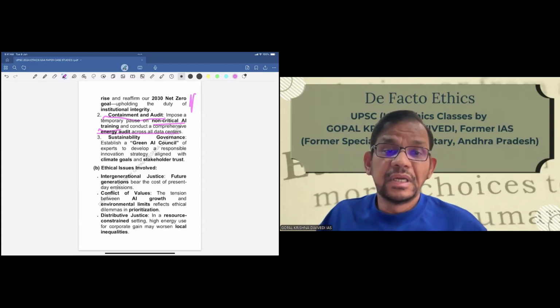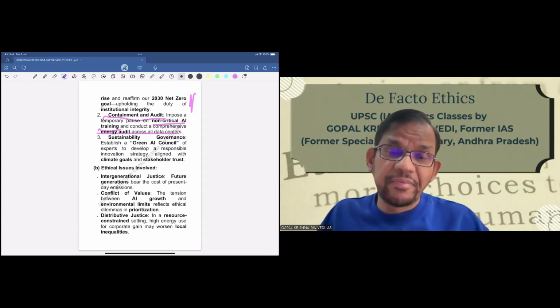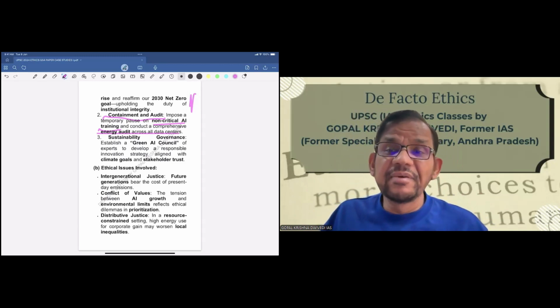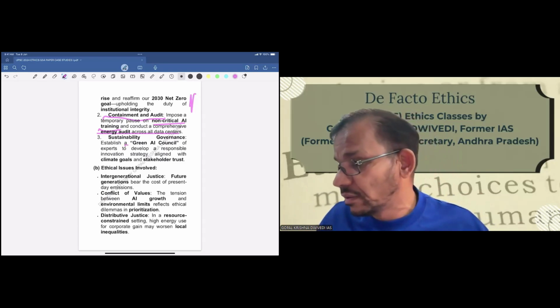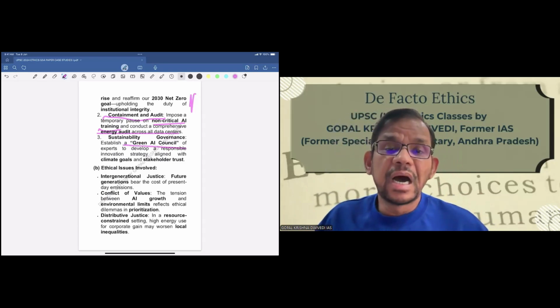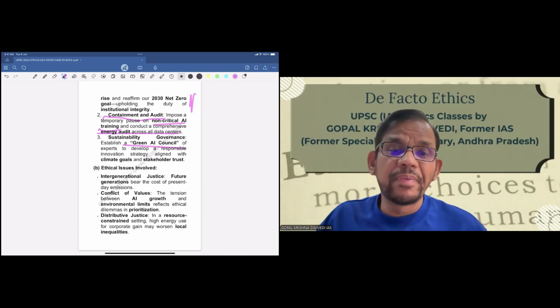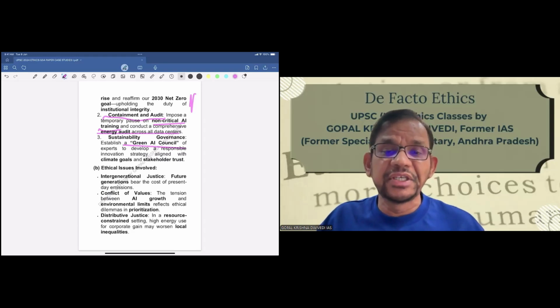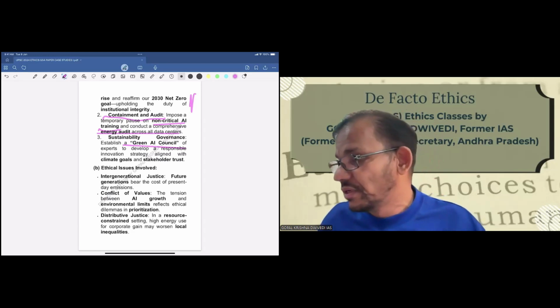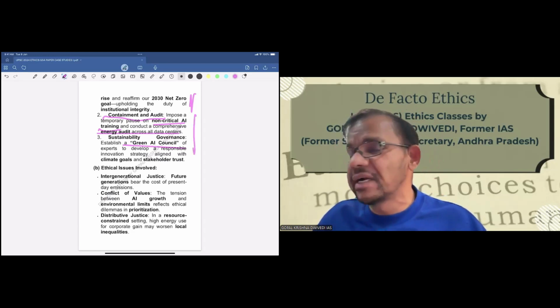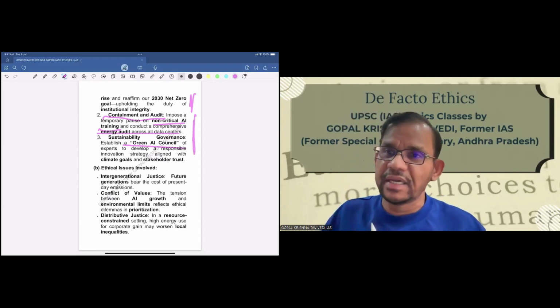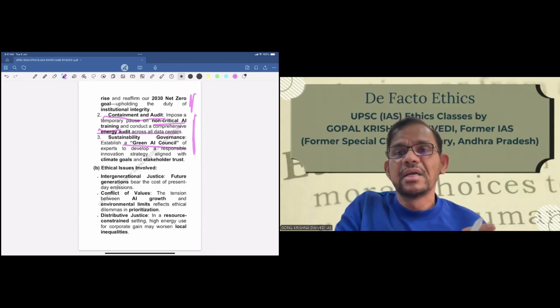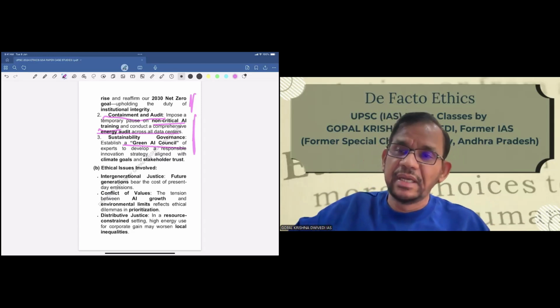Now, the third step which one should take is sustainability governance. That is, establish a green AI council in the organization of experts to develop a responsible innovation strategy aligned with climate goals and stakeholders' trust. So these are the three immediate responses one has to do. First, accept, yes, a mistake has happened, but we are still committed to the larger goal of 2030.